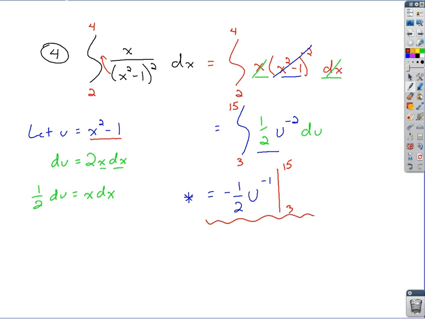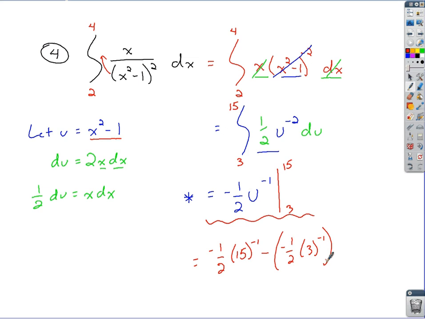If we just pick up where we're at now, plugging in 15, we'd have negative 1/2, be 15 to the negative first. We're subtracting then the negative 1/2, be 3 to the negative first.